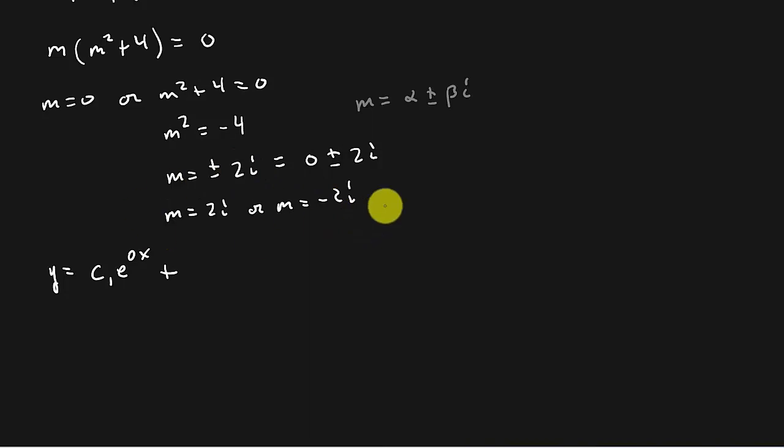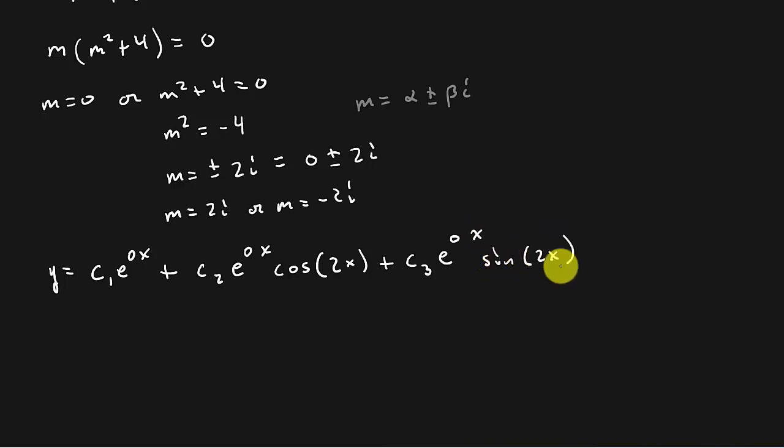Plus, and now we go to our complex solution. Alpha is 0, beta is 2. So that's going to be C2 e to the 0 times x times cosine beta x plus C3 e to the 0x sine 2x.